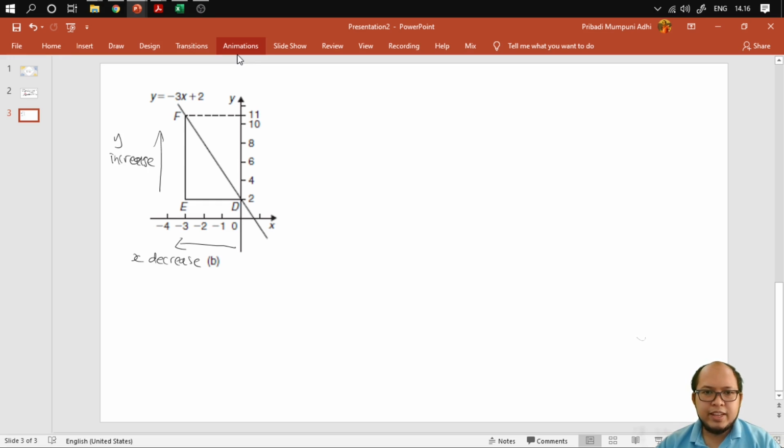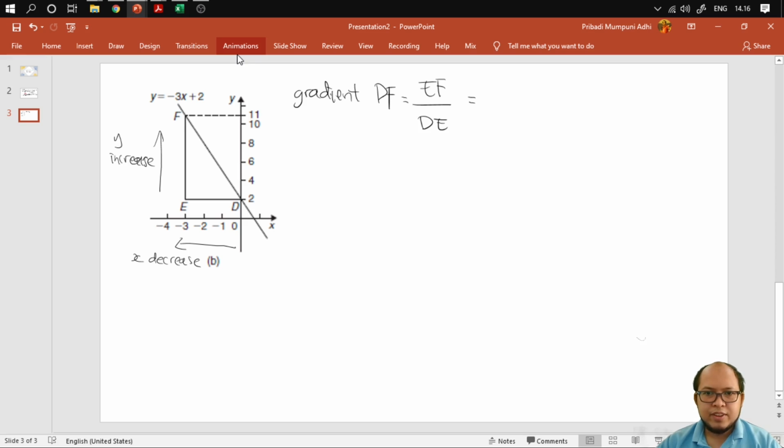So the gradient of DF, or the slope of DF, is equal to EF over DE.